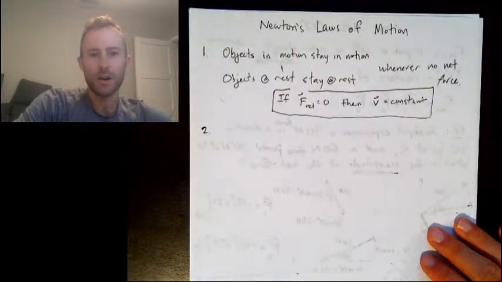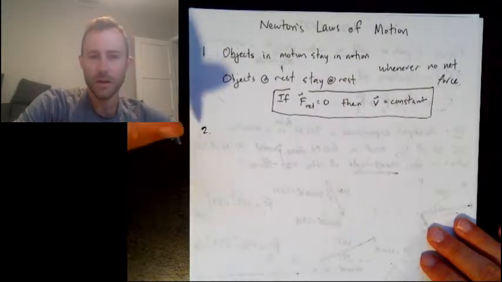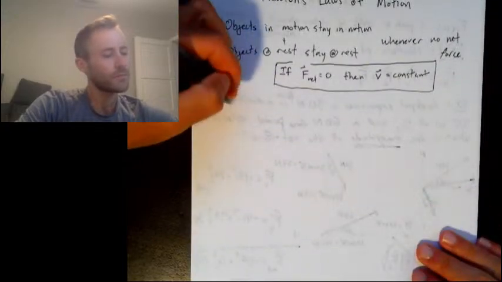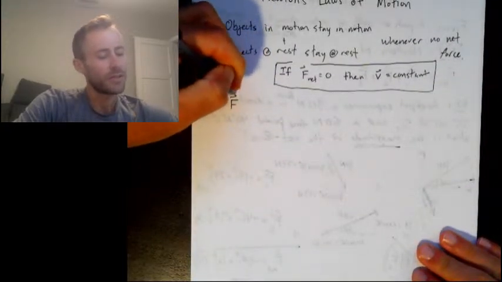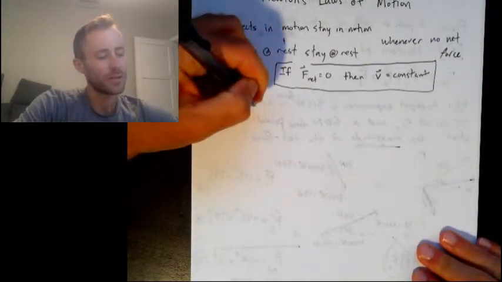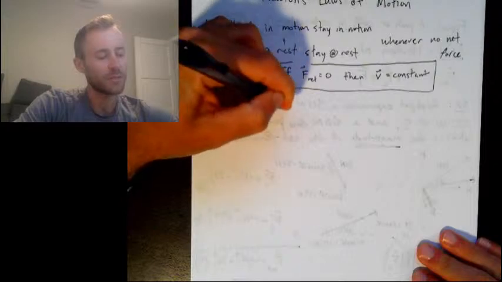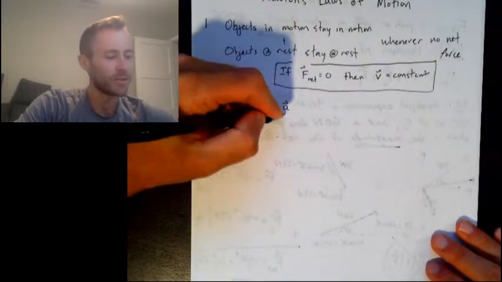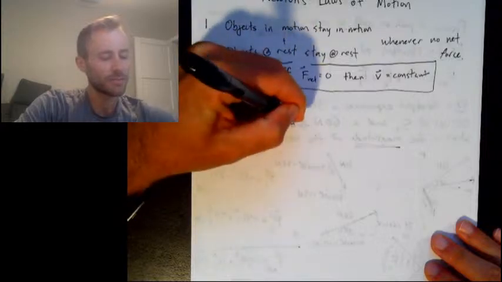The second law of motion is an equation. Okay, it says that the net force on an object is equal to mass times acceleration. Okay, so this is the acceleration vector.